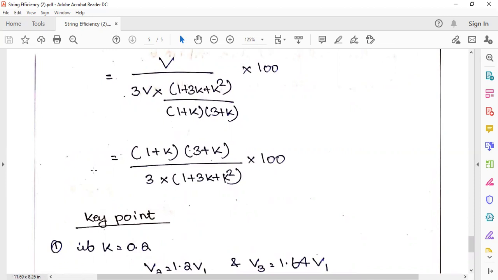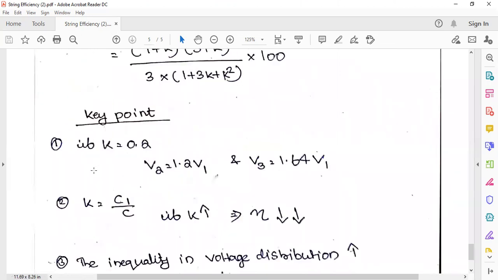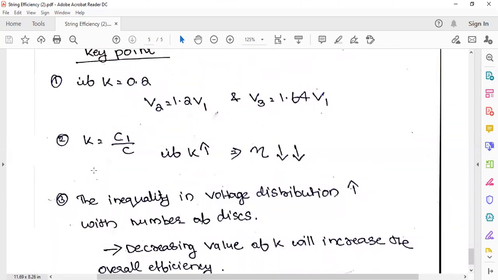So we can take some key points. Consider one condition: if k is equal to 0.2, then substituting we get V2 is equal to 1.2 V1 and V3 is equal to 1.64 V1. So we can see how the value of k is influencing the voltages. We know that k is equal to C1 by C, because we took C1 is equal to Kc, where one is the mutual capacitance and one is the shunt capacitance.